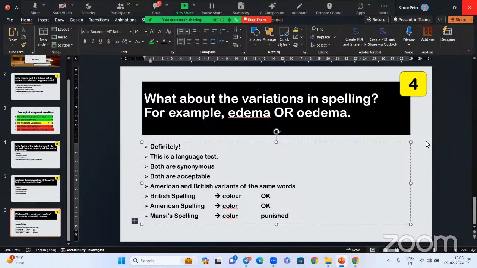Equipments is wrong. Equipment, you cannot say plural for this one because it is uncountable like furniture. You cannot say furnitures. So: the list of equipment is attached.